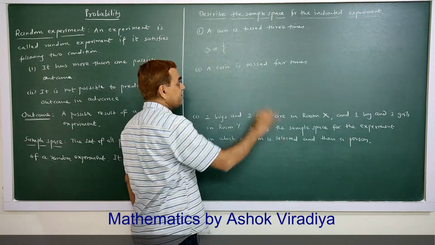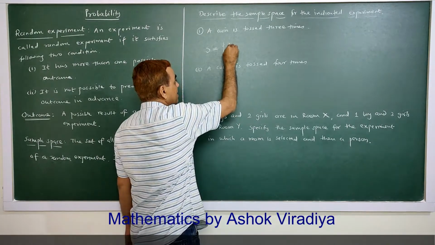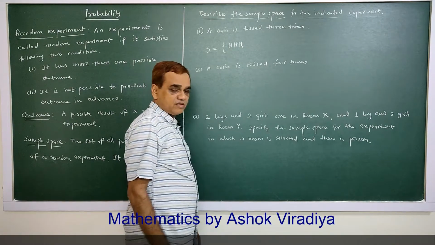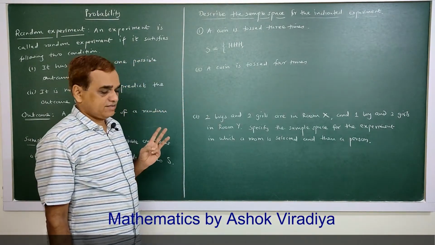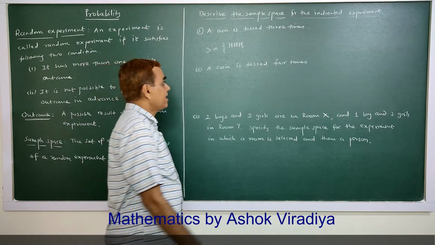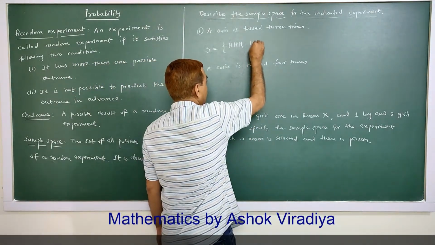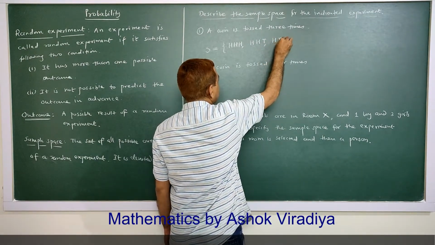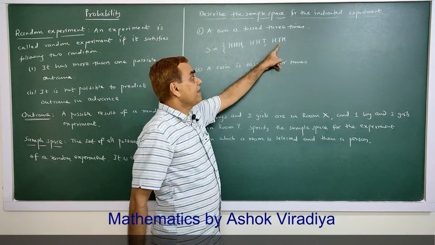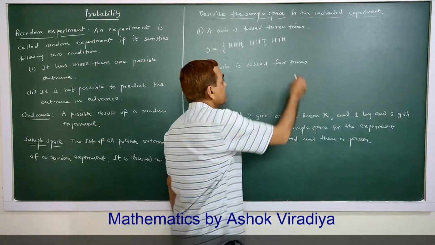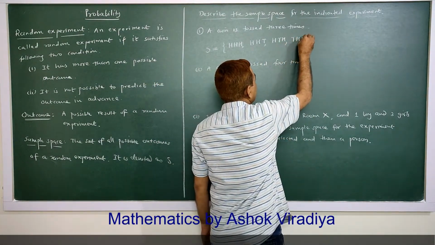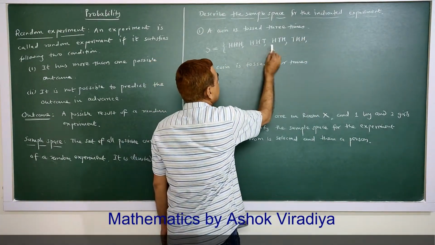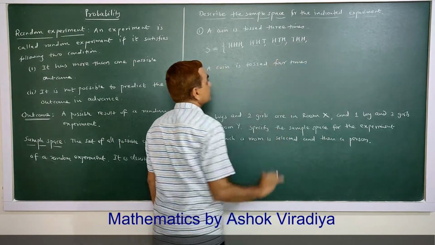When a coin is tossed 3 times, possible outcomes are: 3 times head, HHH. Then 2 times head: HHT, HTH, THH.